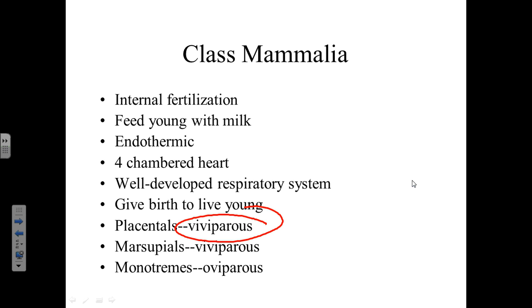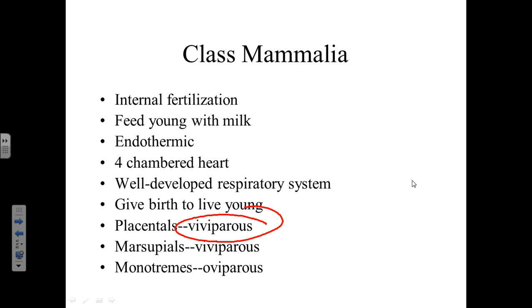Placentals are things like most mammals. Mammals that have a placenta that attaches the mother to the developing baby and nourishes that baby, takes really good care of it. And when the babies come out, they're usually what? Pretty well developed. The baby horse can get up and run in just a few minutes, right?